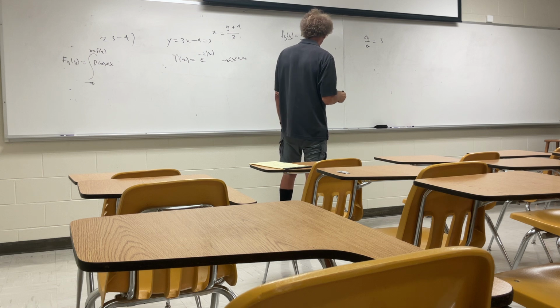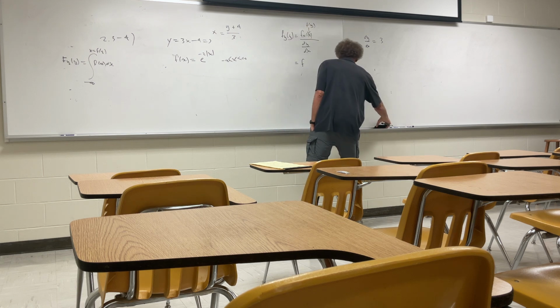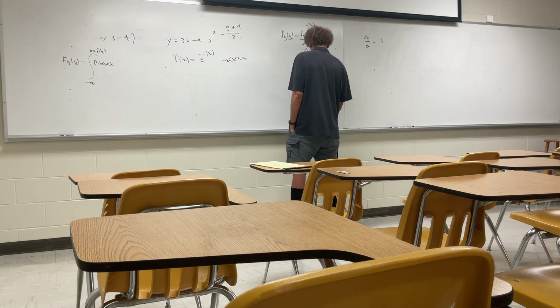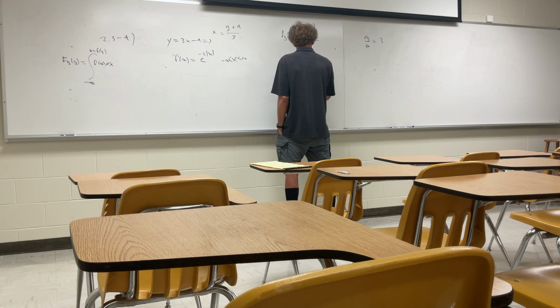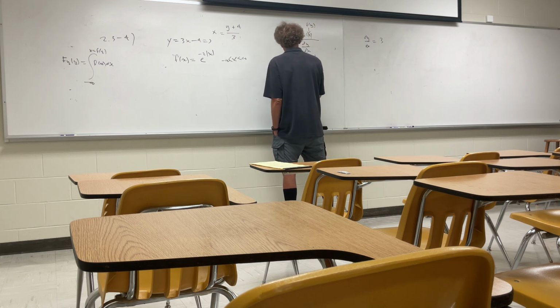Now I can go ahead and say for this one, it's going to be equal to f. And I'm going to actually put down the function, so it's going to be e to the minus 2 times magnitude of y plus 4 over 3, and then it's divided by 3, and that would be my f of y.